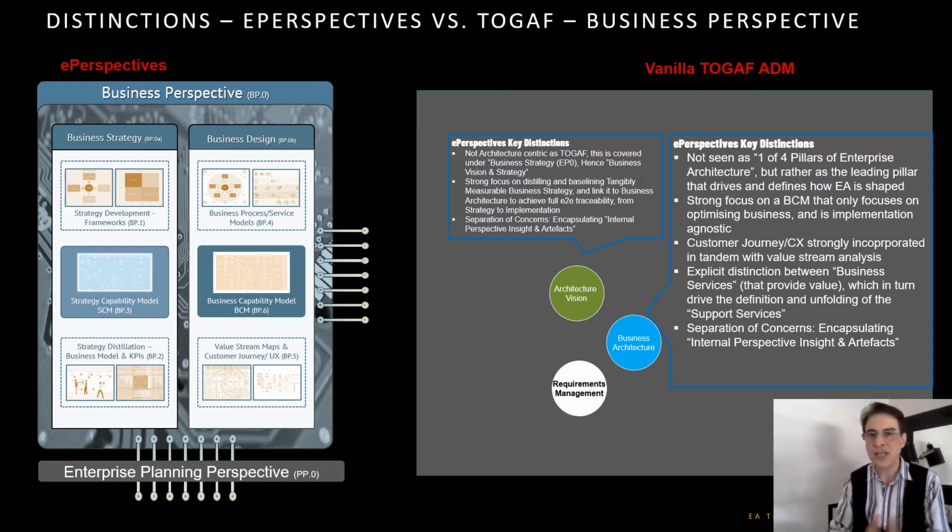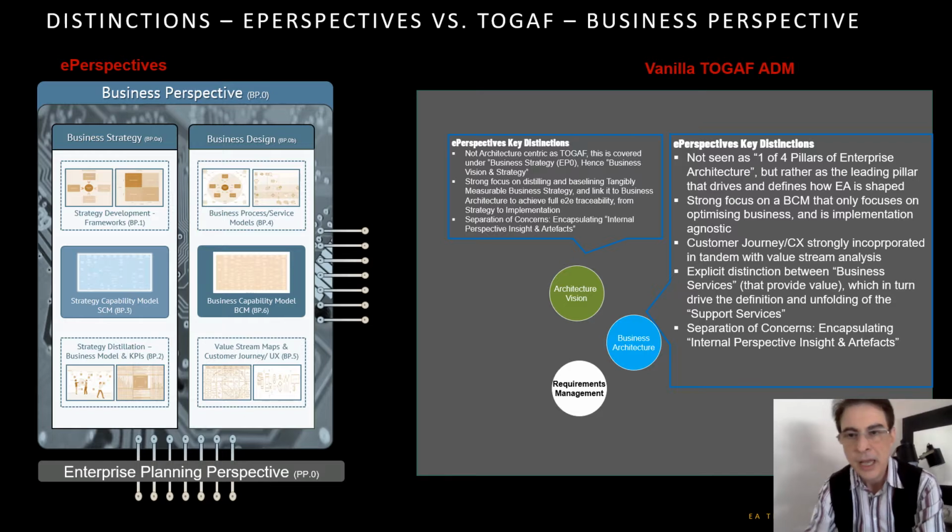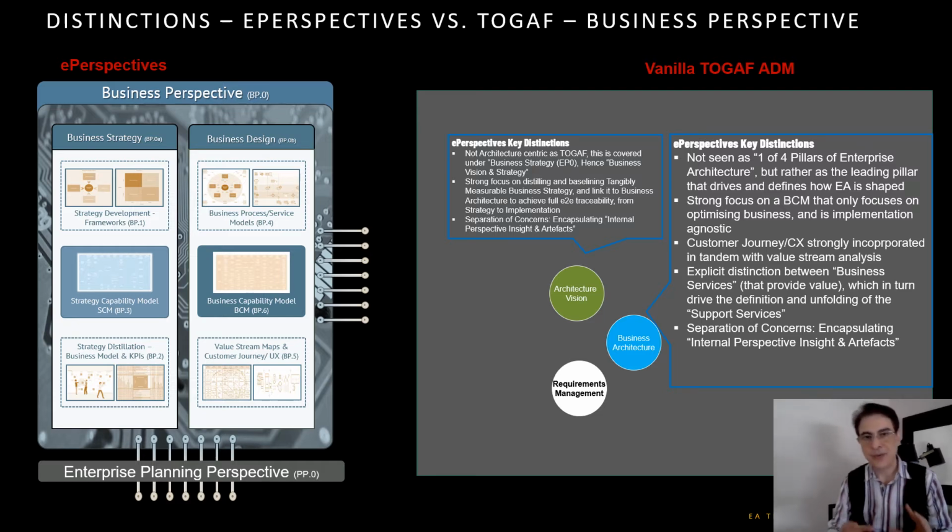And as you see in every module, we have a key difference in approach: we have separation of concerns, very much a key principle in the ePerspectives framework, which means every given perspective or sub-perspective is only relevant to people, organization, and the ecosystem of that given perspective.